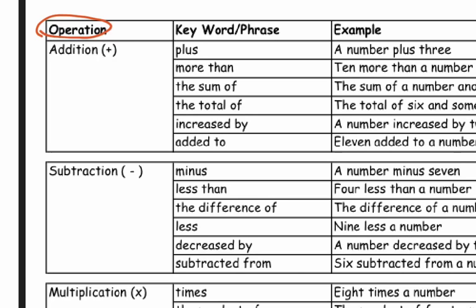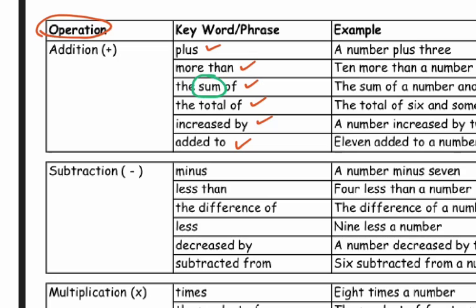Other key phrases for addition could be plus, more than, the sum of, the total of, increased by, and added to. There are more, but these are the most common, and the one I want you to put an asterisk by or circle is the word sum.